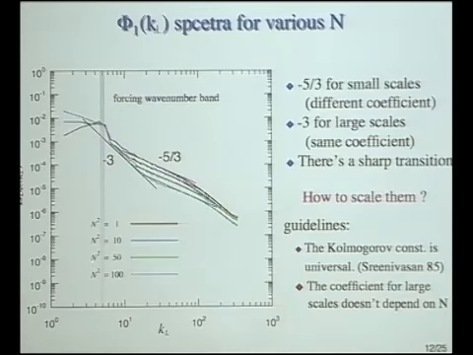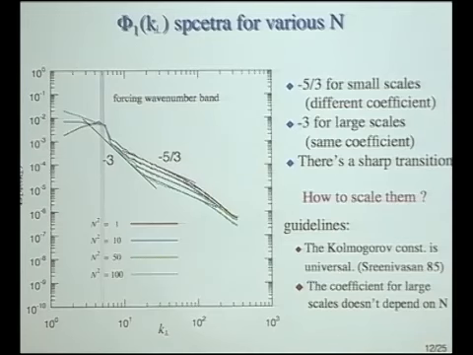So this is a summary, or accumulation, of the last spectra for various stratification, N square equal 1, 10, 50, and 100. And clearly we see a minus 3 spectrum for all of them, and minus 5/3 spectra with different lines, curves for different stratification.